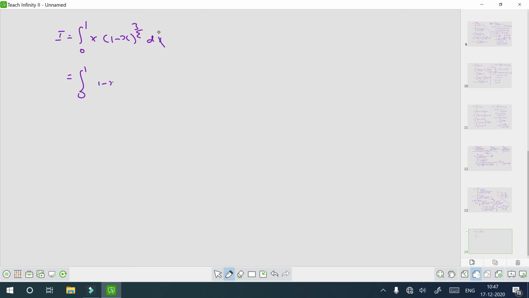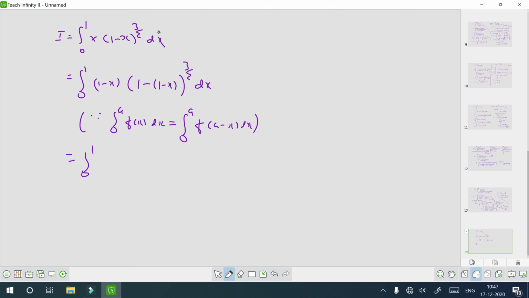The integral from 0 to 1 of (1 minus x) times x raised to 3 by 2 dx, because the integral from 0 to a of f(x) dx is equal to the integral from 0 to a of f(a minus x) dx. So what will this be? The integral from 0 to 1 of x raised to 3 by 2 minus x raised to 5 by 2 into dx.